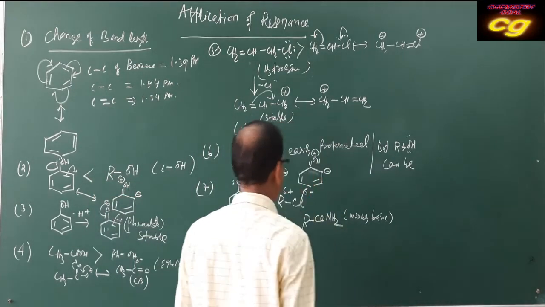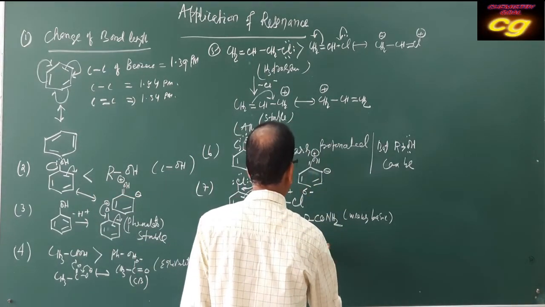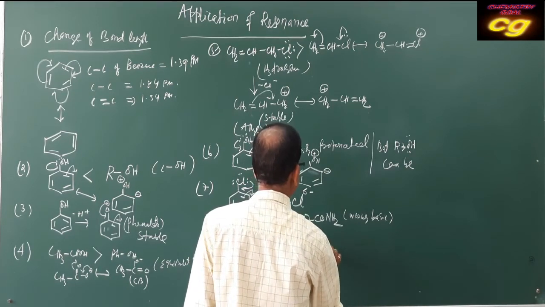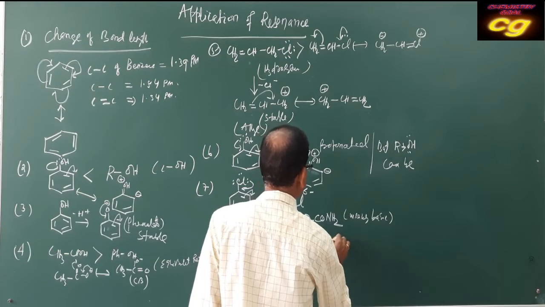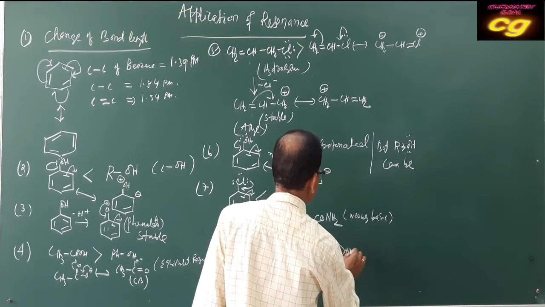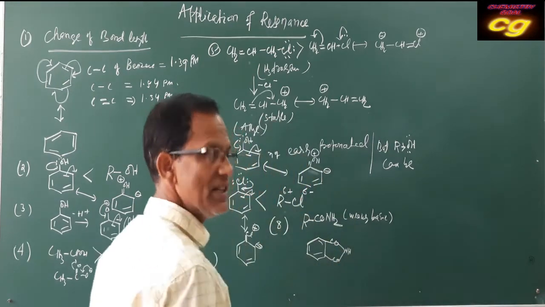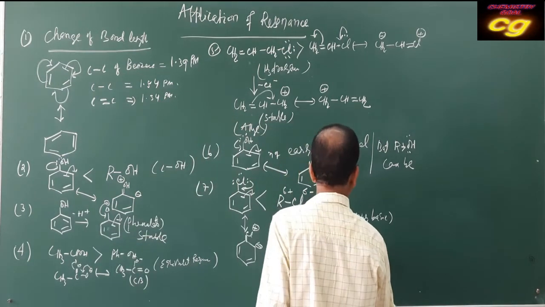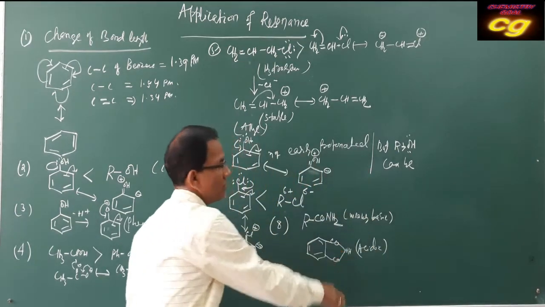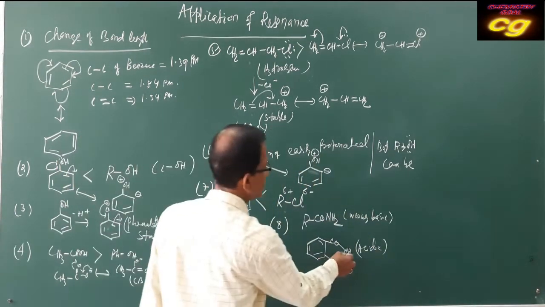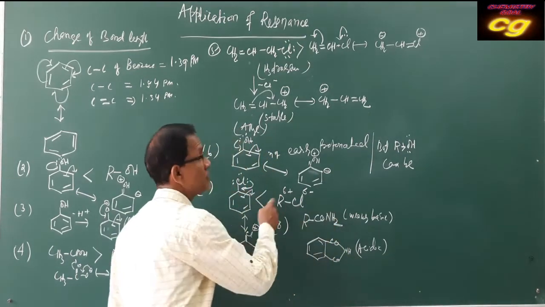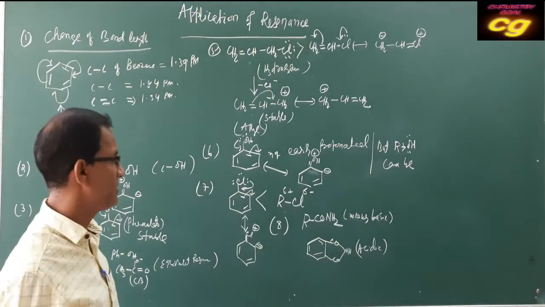But phthalimide has acidic character. That means in phthalimide, the hydrogen attached to nitrogen is acidic, but the NH2 group in an amide behaves as weakly basic.